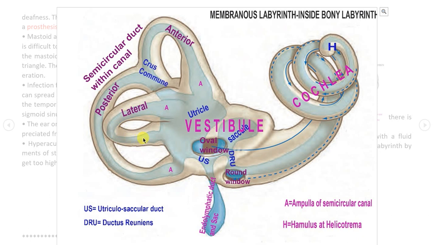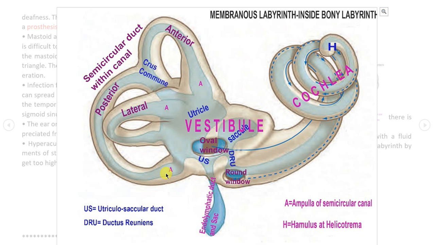So if it is U-shaped, there are two different openings. These are the two openings of lateral canal. These are the two openings of anterior canal, and these are the openings of posterior canal. So any one end of this canal, because it is U-shaped, it has two ends.